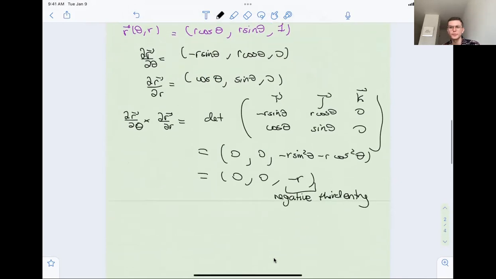So really the one that we should use in the cross product, the one that we should use for the integral, is the one where you would have done the cross product in the opposite order.